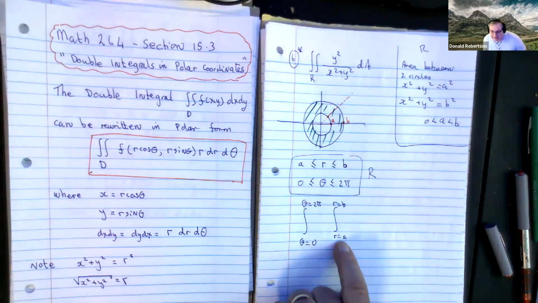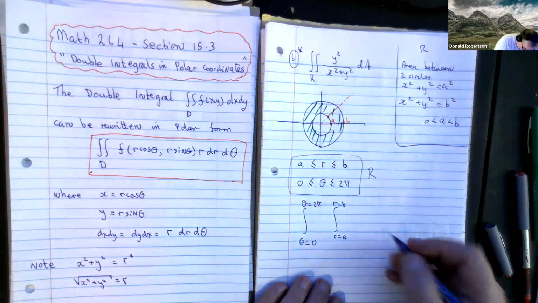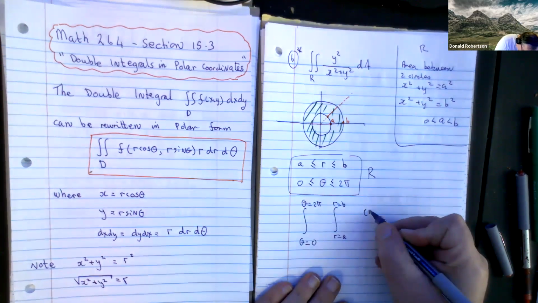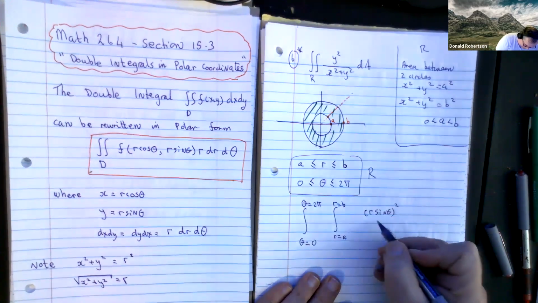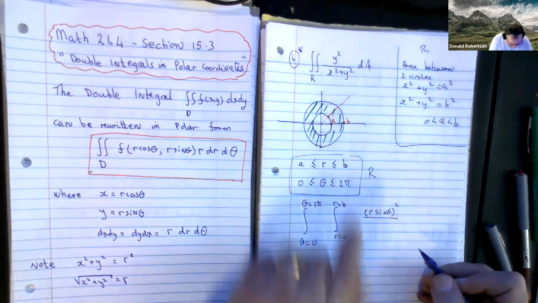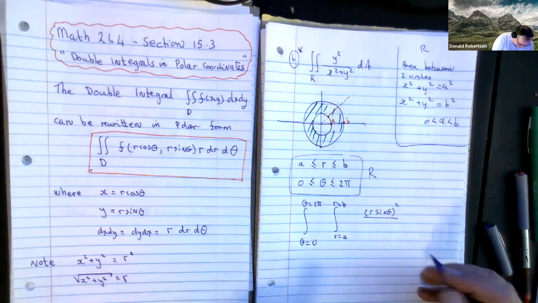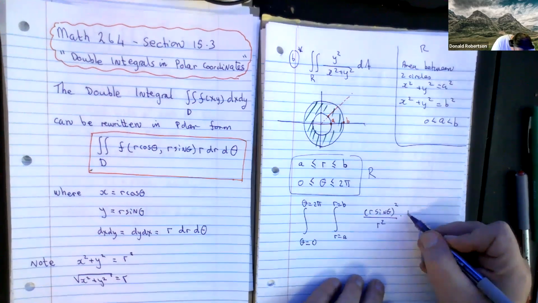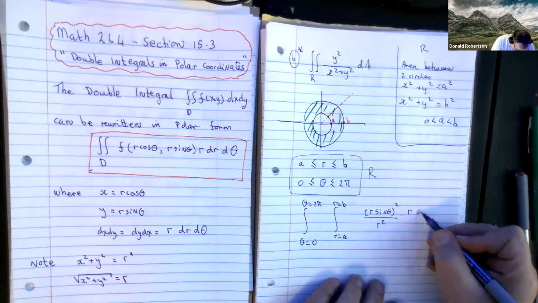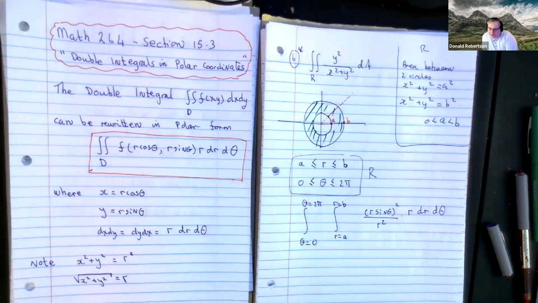Now, technically, a and b are numbers, so that's good. y squared is going to be r sine theta squared. x squared plus y squared is r squared. And the dA is going to be r dr d theta.